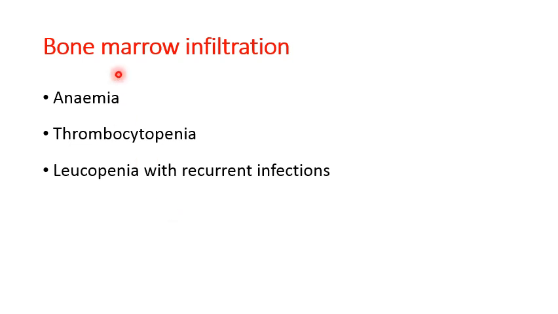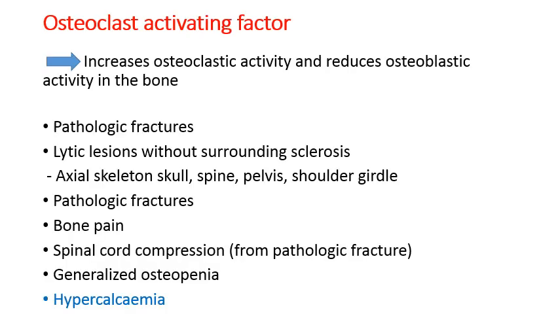Right. Now, if we take bone marrow infiltration, it can cause anemia, bleeding due to thrombocytopenia, and leukopenia causing recurrent infection. This patient has had recurrent infections for the last few weeks. Now, I said these plasma cells produce a substance called osteoclast activating factor.